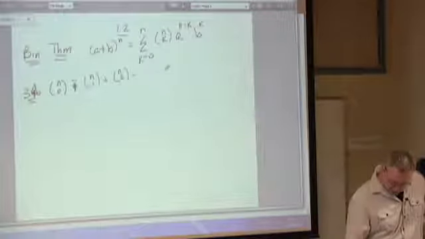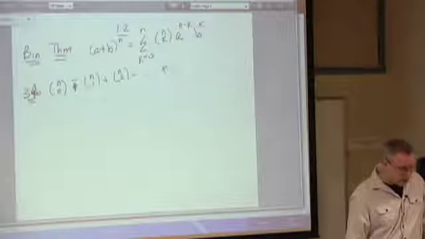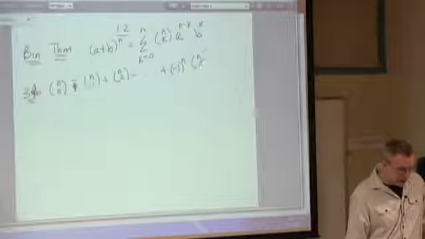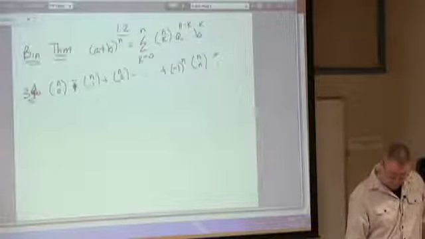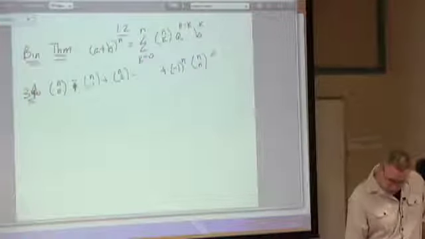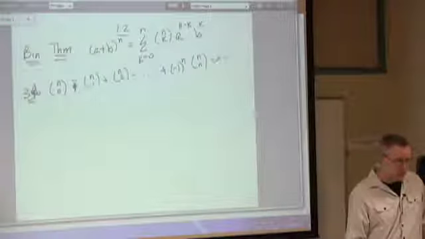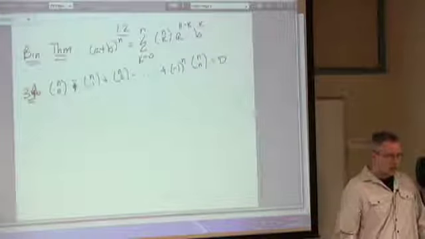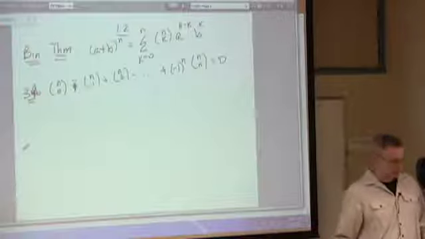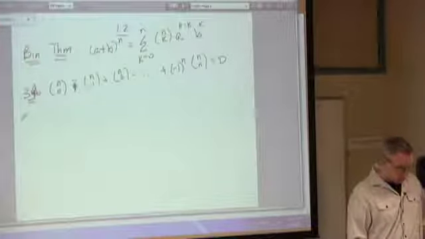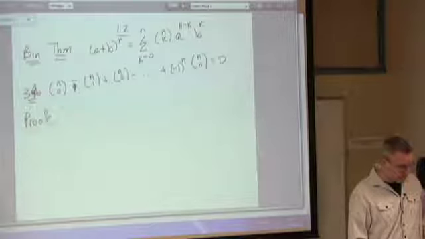And at the very end, it's plus minus 1 to the n times n choose n. And the point is that this is equal to 0, right? Yes. And the point is to prove this by using the binomial theorem.